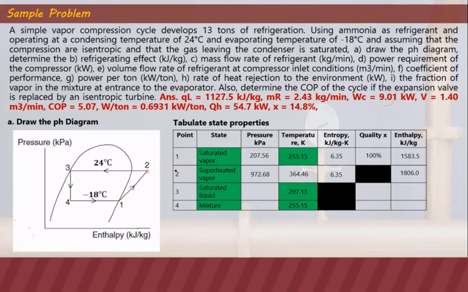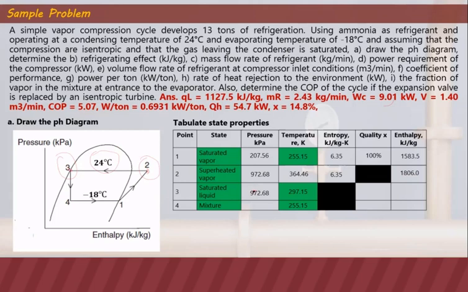So at point 2, we learned that this is a constant pressure line here. This is the reason why the pressure at point 2 is equal to the pressure at point 3, and that is P sat at 24 degrees Celsius. That's why at point 3, which is a saturated liquid, we can get the pressure as 972.68, and they are just equal to point 2.